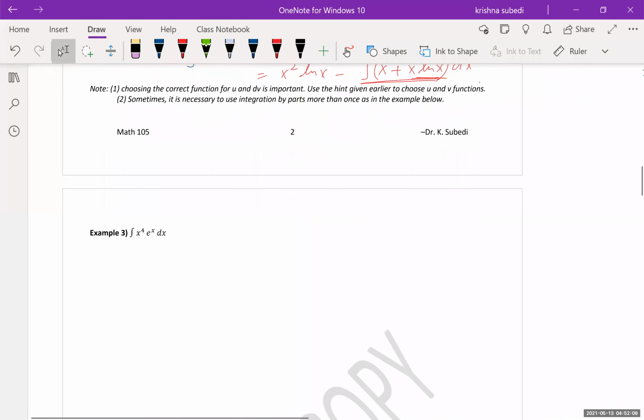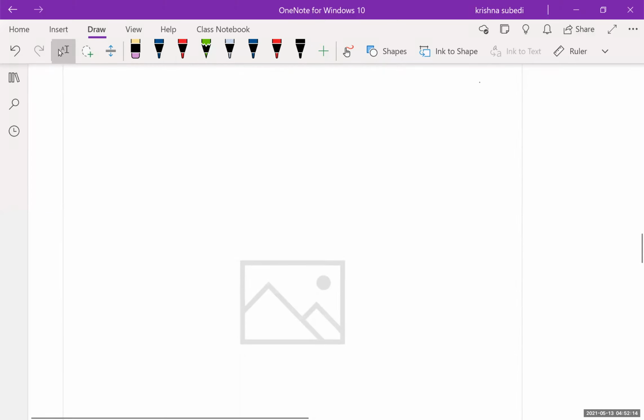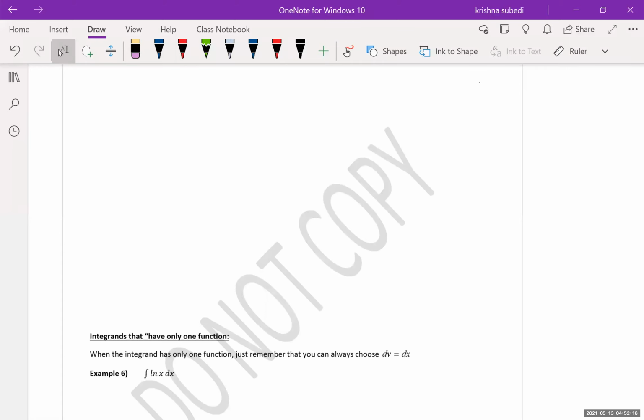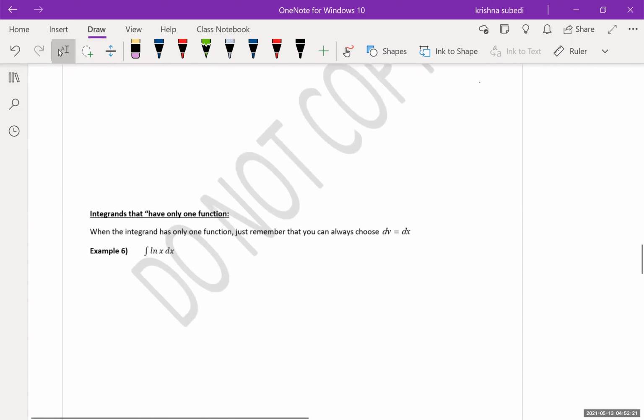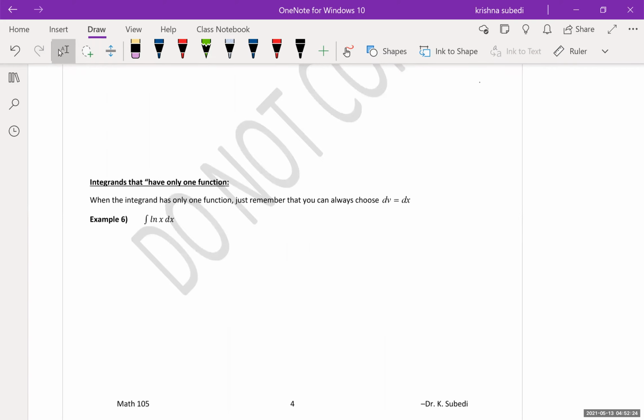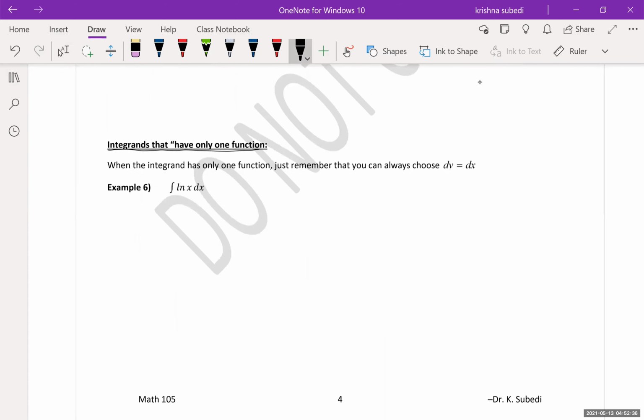And let's try a few more. Let's go all the way down. Example 6. Here, this can be written as 1 times ln x dx, right?